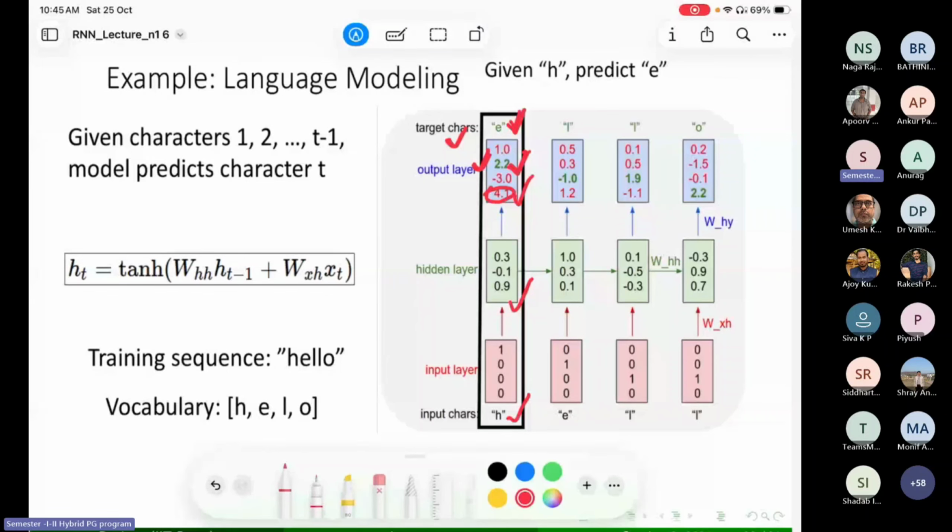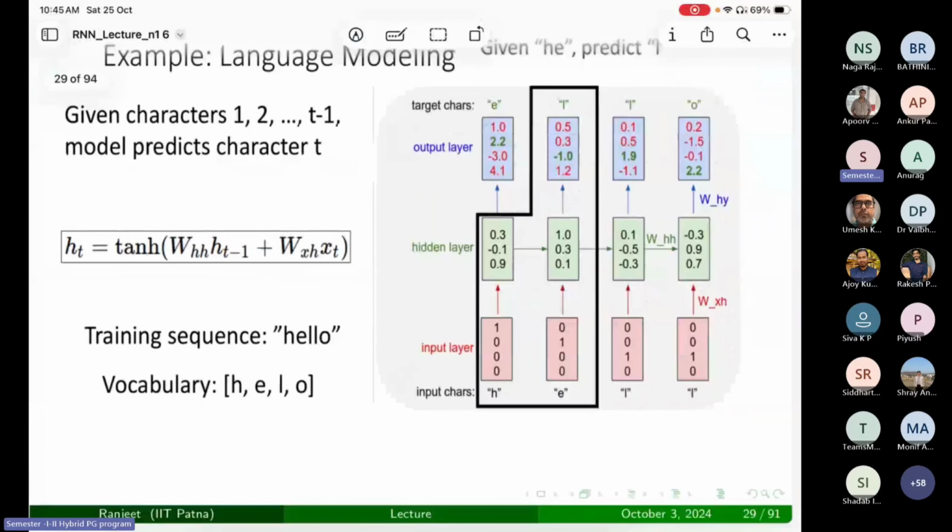Once you do it, you go for the next: you find the loss, and then go on to predict the next character.